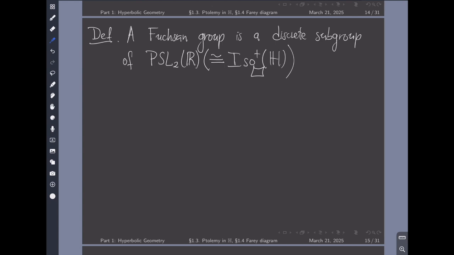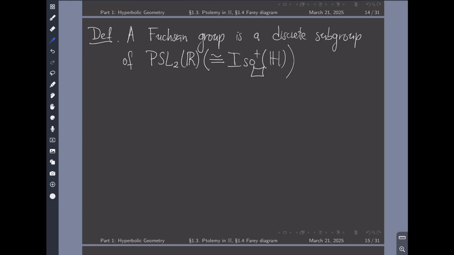Okay, so one starts speaking about Fuchsian groups of certain specific types. That ensures that each point removed really becomes one point at infinity.